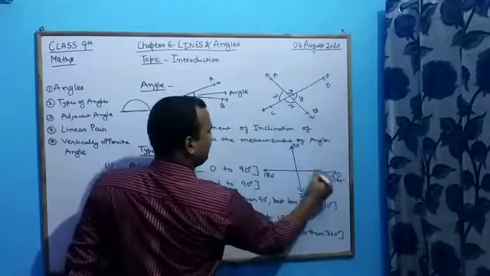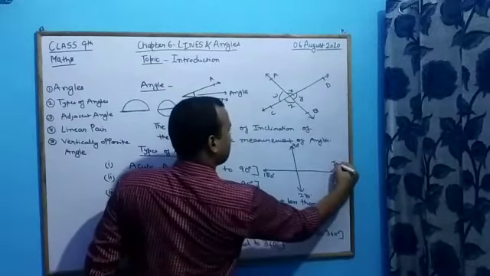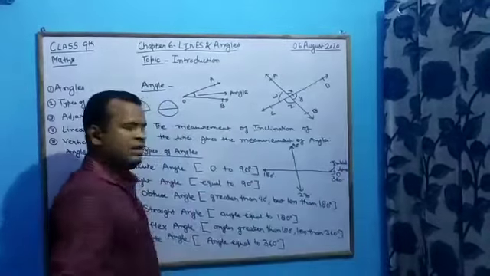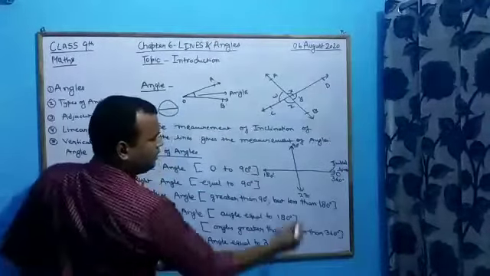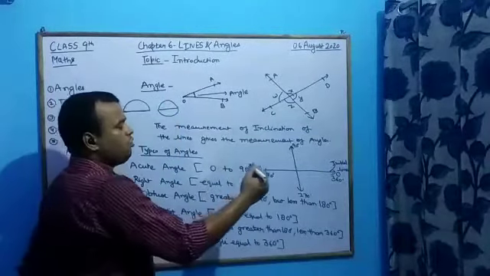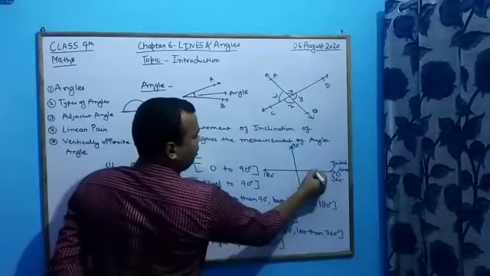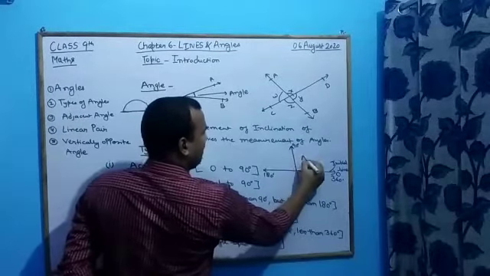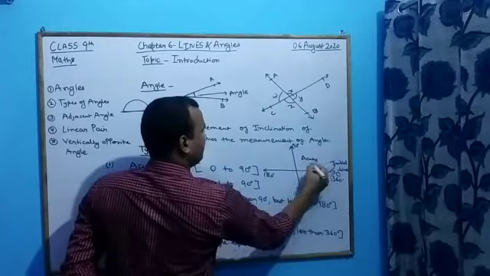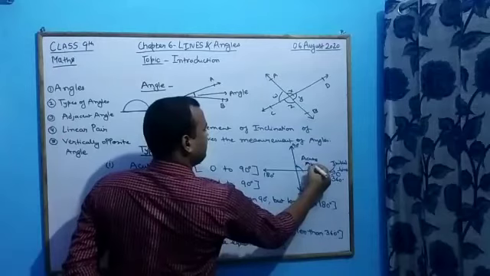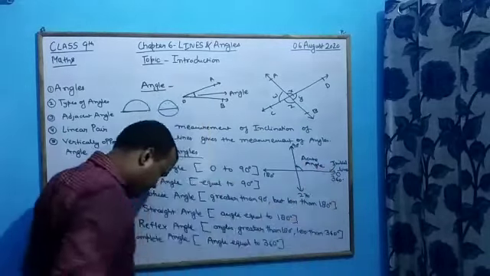We are taking this as the initial line, or initial ray, and we are taking the measurement in the anti-clockwise direction. All the angles from 0 to 90 lying in this region are acute angles.